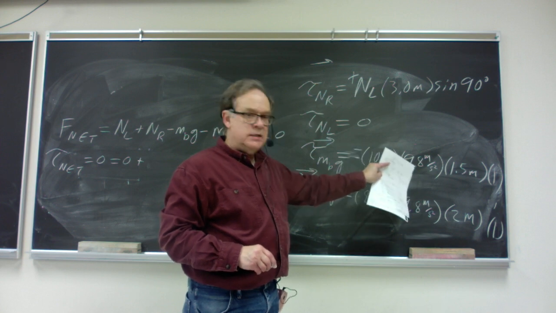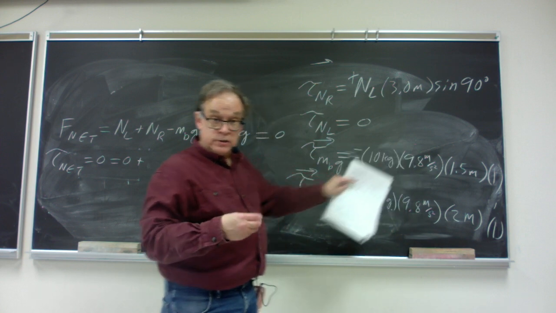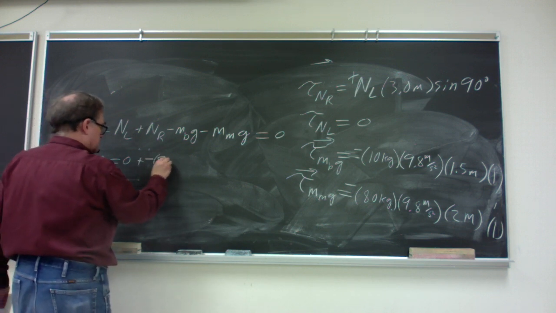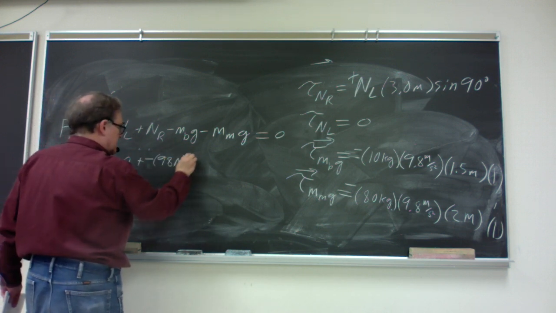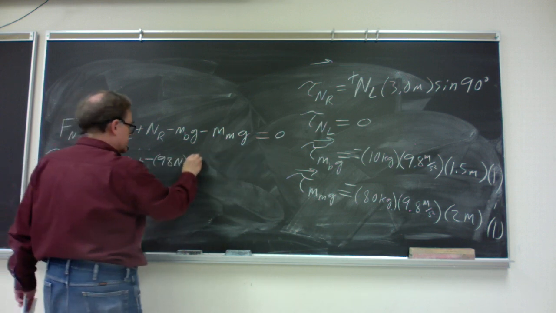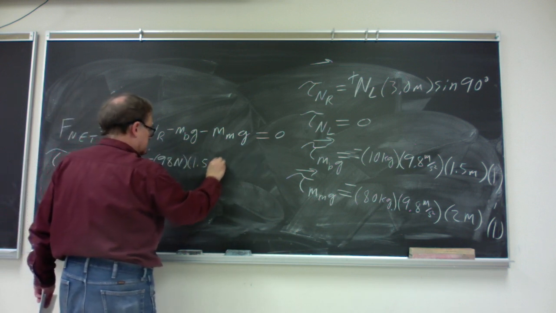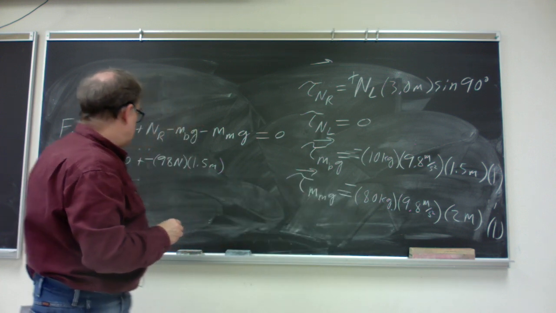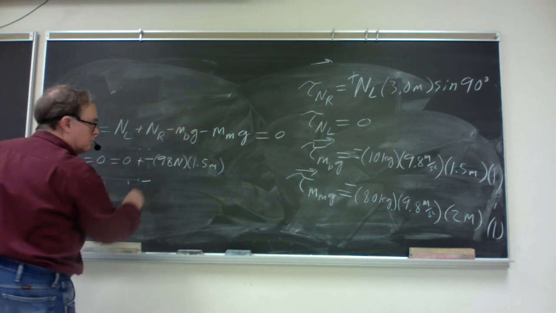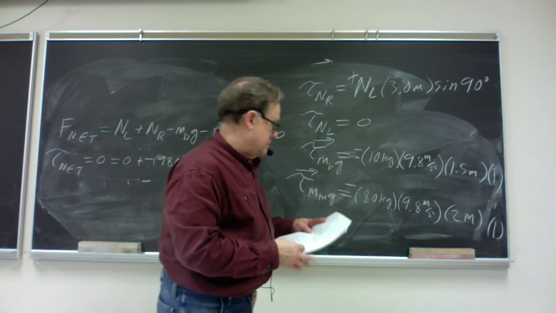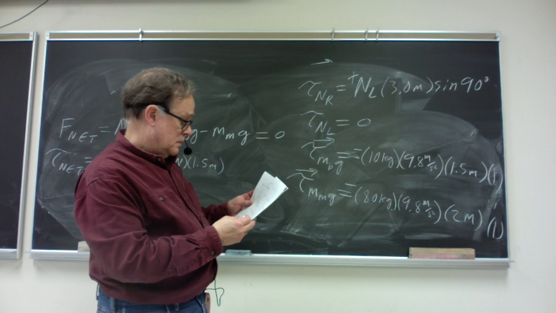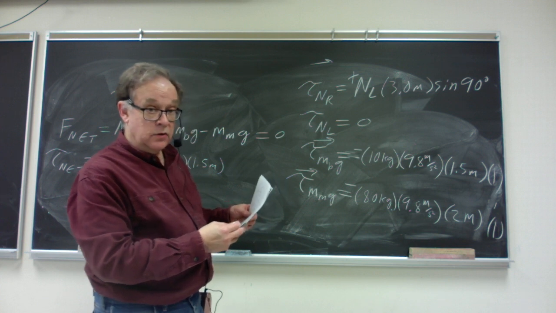So that's 98 newtons, weight of the board, times 1.5 meters. And then the next term is minus 80 times 9.8, or 784 newtons.